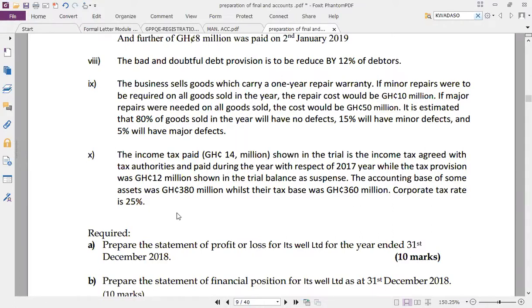Whilst the tax provision was 12 million shown in the trial balance as what?